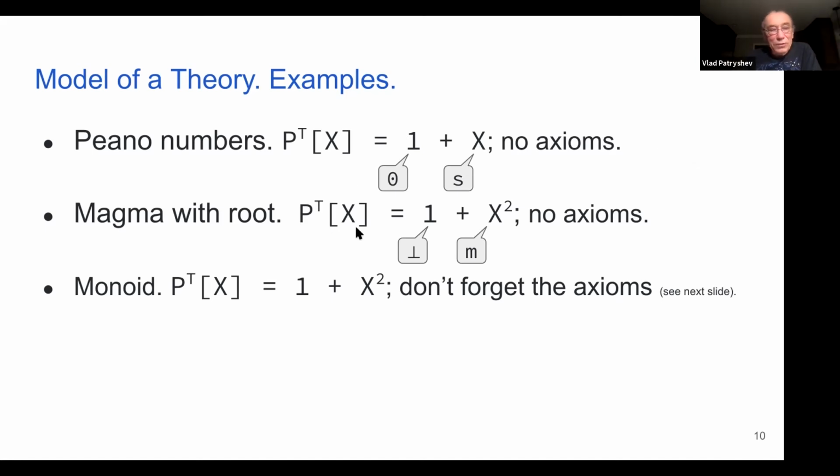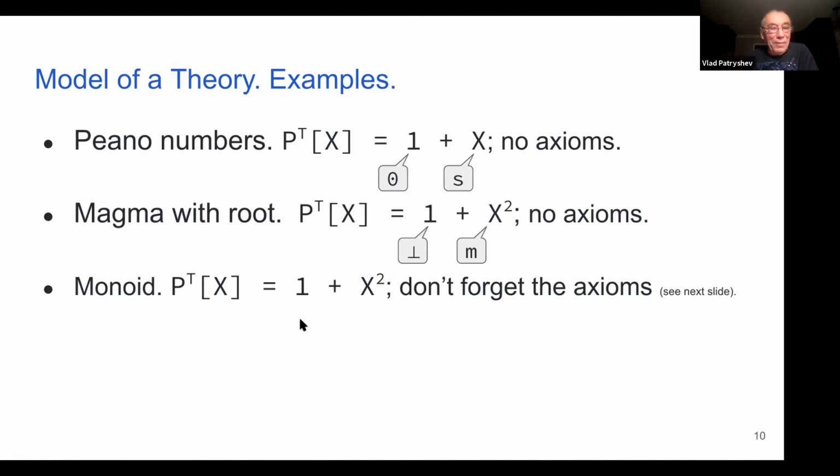Then magma with root. A magma has a binary operation for gluing together parts. So we have x squared for this binary operation, and x to the power of 0 for the root, for bottom. That's the functor for magma with root.